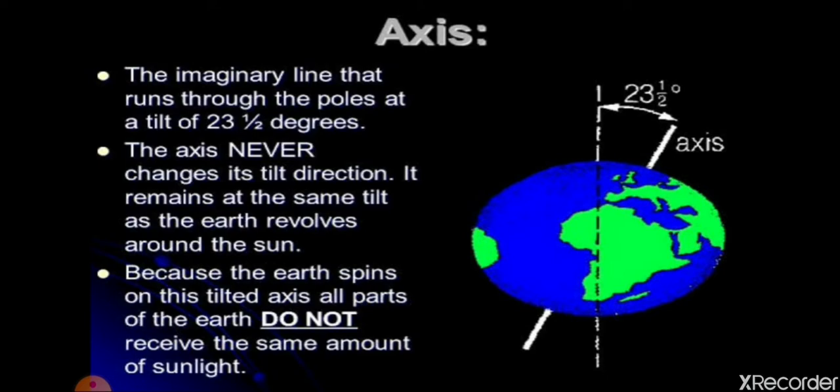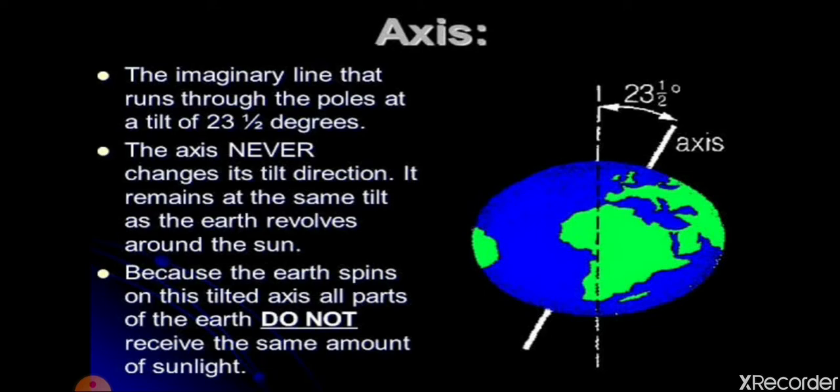Now have a look at the axis of the earth we were talking about. So, students, the axis is the imaginary line along which our earth rotates. This axis of the earth is tilted at an angle of 23 and a half degrees.